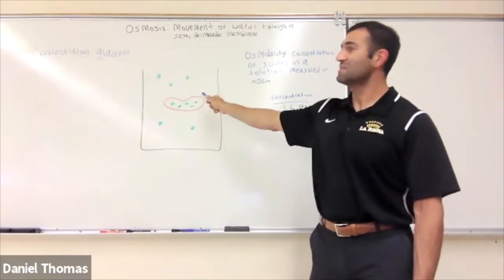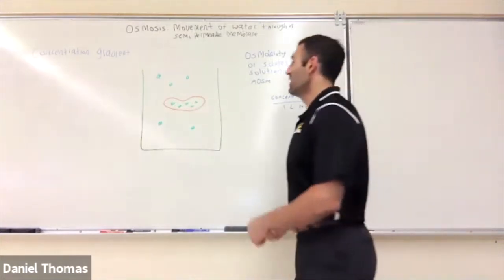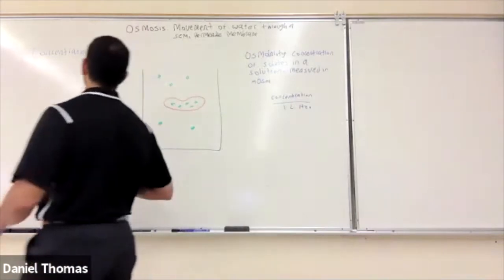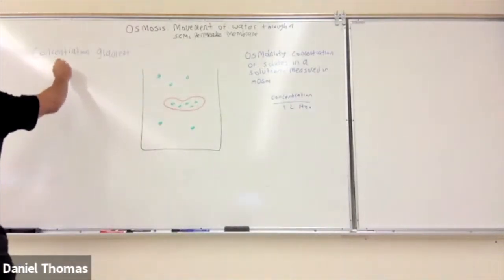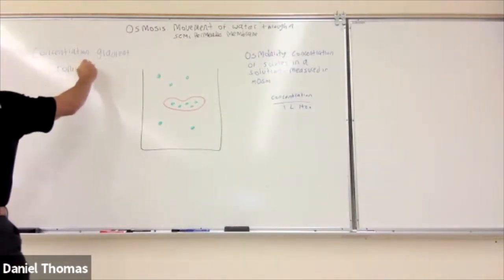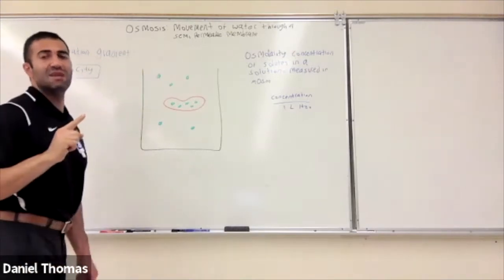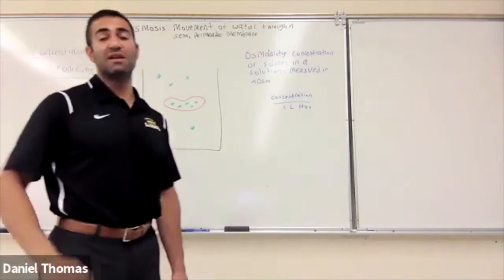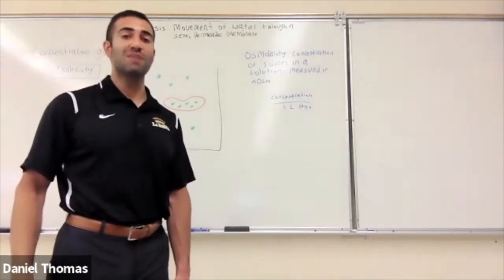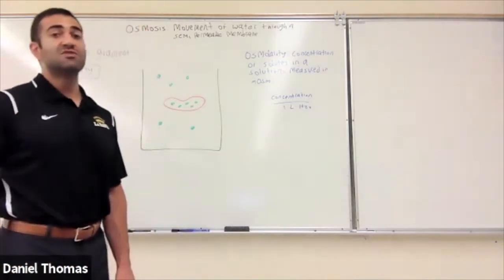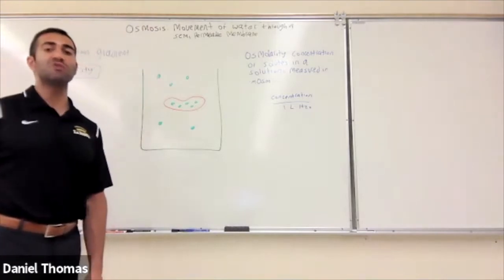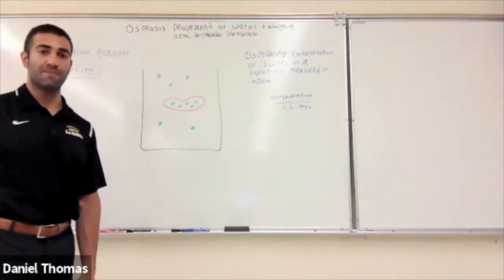So with this, we use the term isotonic. And it fits into a concept called tonicity. What tonicity means is related to cell shape or size. So when we talk about tonicity, we always relate it to the solution.